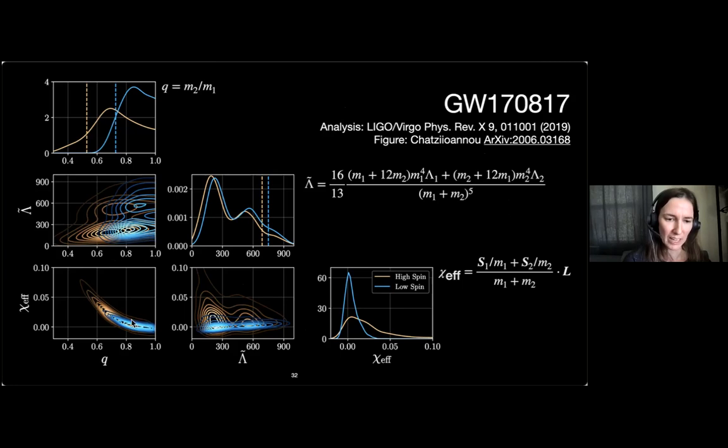A reduction in the mass ratio could be reinterpreted as, or could be possible with, a corresponding increase in the effective spin. So we have to be careful with these high dimensional parameter spaces to understand the influence of our assumptions on one parameter on the recovered properties of another.